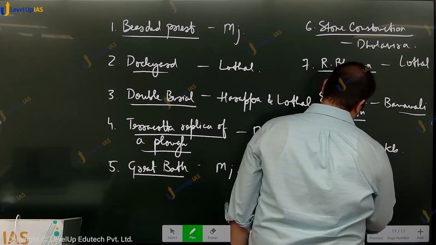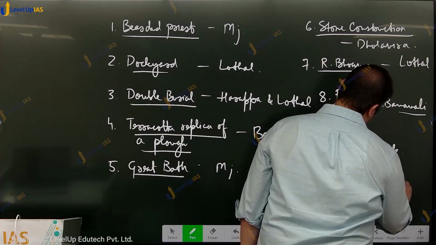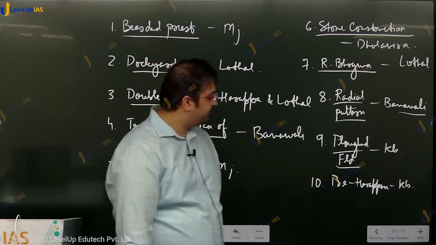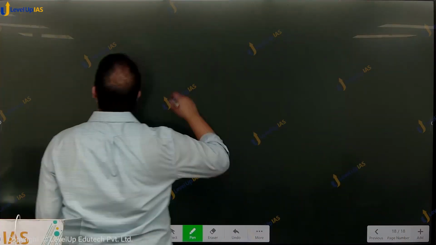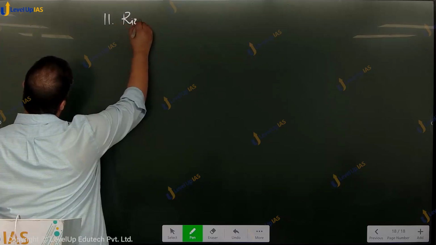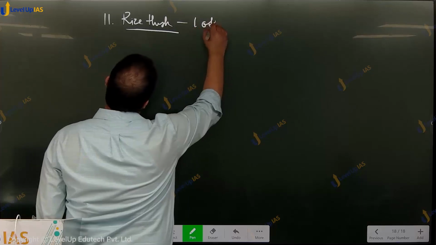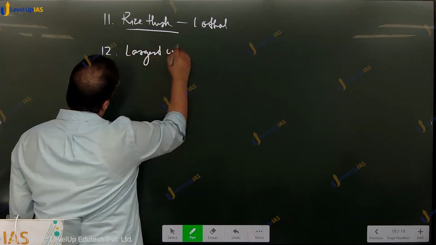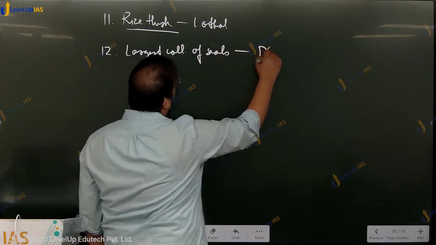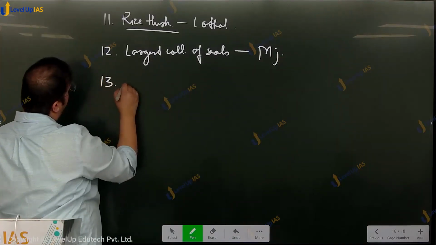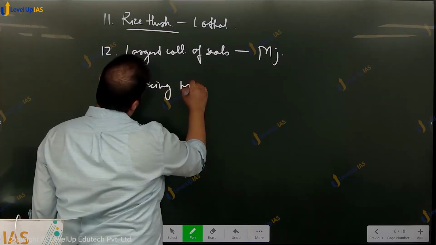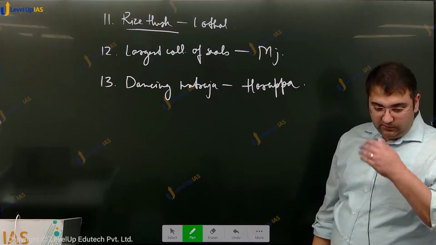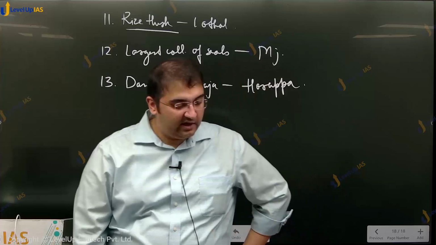Kalibangan. क्वेश्चन होता केवल अर्ली हरप्पन का तो बोथ कालीबंगन एज वेल एज बनावली. ठीक है. देन राइस हस्क, लोथल से. लार्जेस्ट कलेक्शन ऑफ सील्स, कहां पे? मोहनजोदारो से. डांसिंग नटराज कहां से? हड़प्पा से. ठीक है. सो इस तरह से भी क्विज करना अपने आप को शुरू कीजिए. ठीक है.